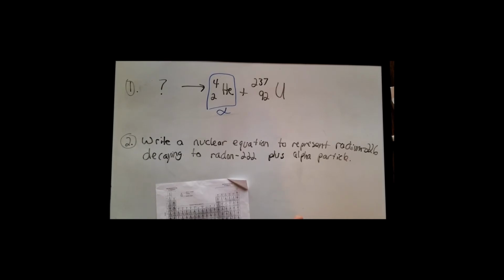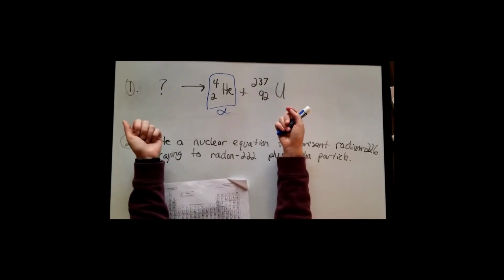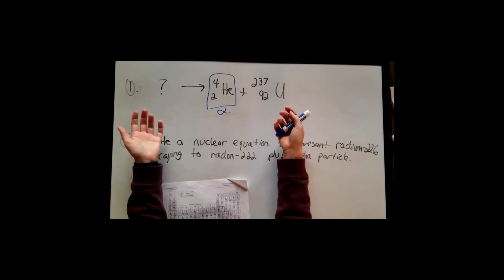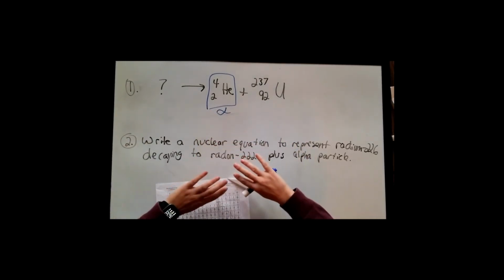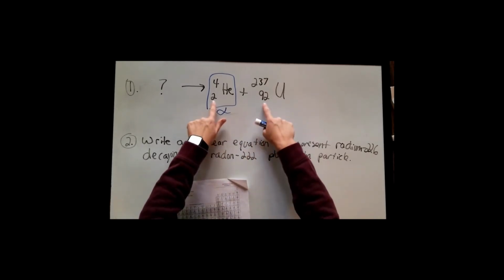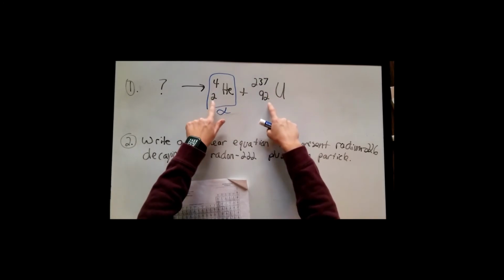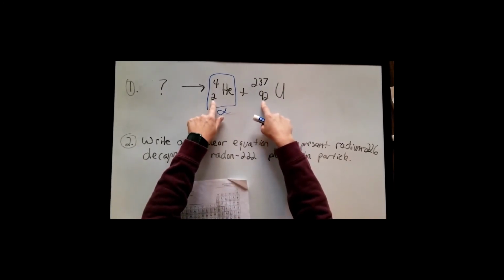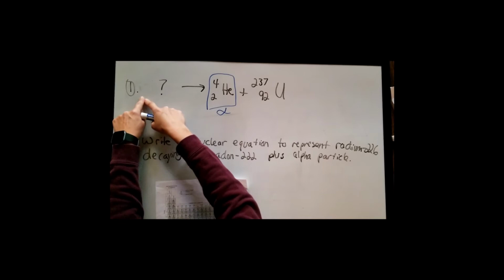Well, it's kind of similar, right? We see the reactants, we see the products. And just like when we're balancing equations, we're going to do a very similar thing, except instead of balancing the elements themselves, we're going to balance the numbers. So when we add up the number of protons, which is this bottom number, that's going to equal the total protons of this reactant.